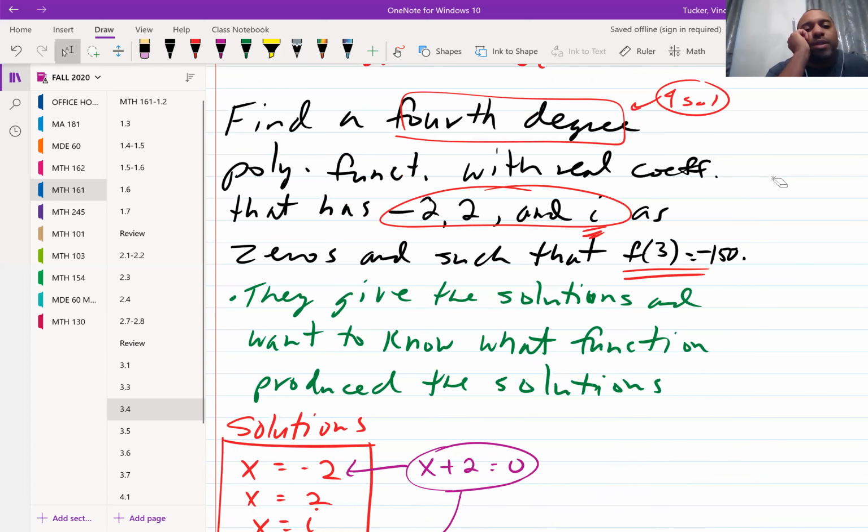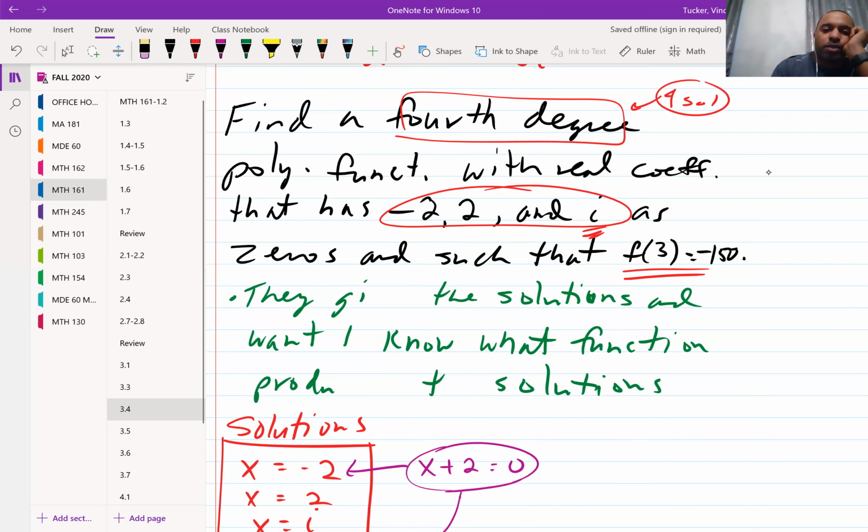So 4th degree means that there's 4 solutions. Highest degree of x is going to be 4. They give you 3 solutions already. All right, so they give you -2, 2, and i. And when you plug in 3 into this function, the result is -150.